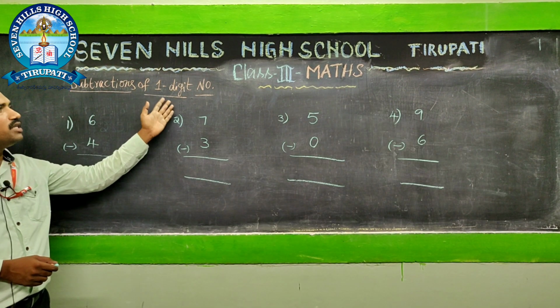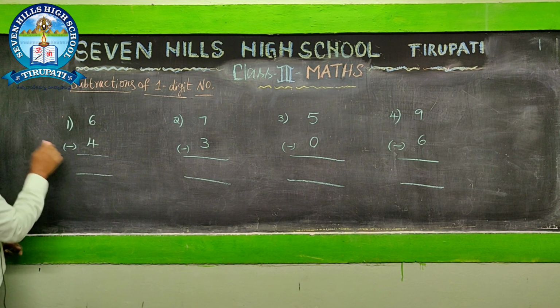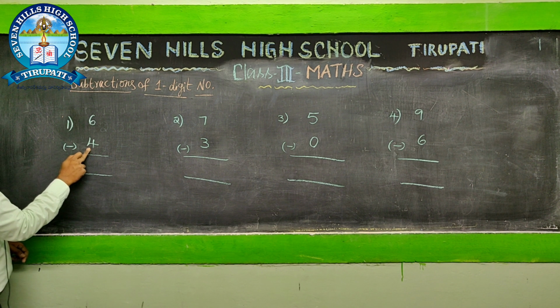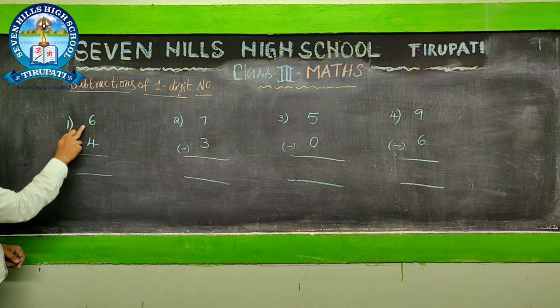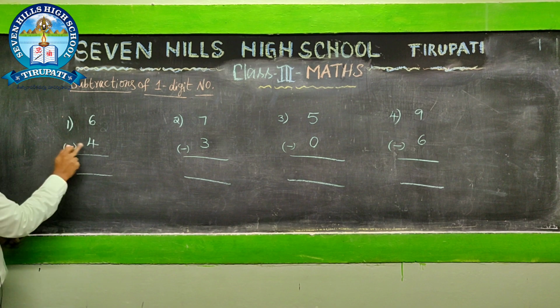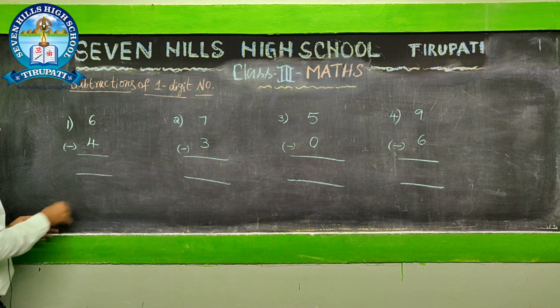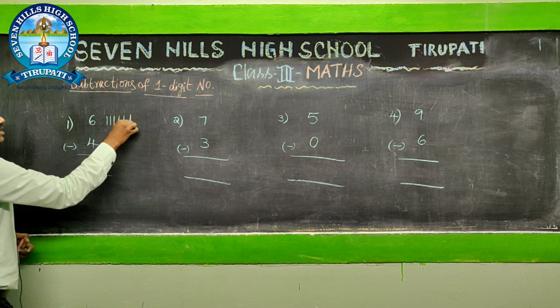Subtraction of 1 digit numbers. Let us see how to subtract. Here the question is, we want to subtract 4 from 6. To subtract 4 from 6, you have to write 6 lines: 1, 2, 3, 4, 5, 6.